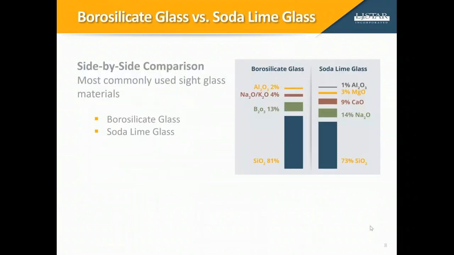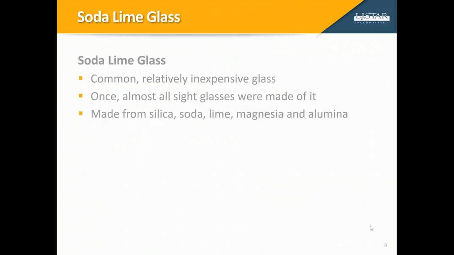Here we have a comparison of the 2 most commonly used sight glass materials, borosilicate glass and soda-lime glass. I'll talk about each one separately and their individual benefits. Before the development of borosilicate glass, almost all sight glasses were made of soda-lime glass, a common, relatively inexpensive glass, which is used in bottles, light bulbs, and window panes.